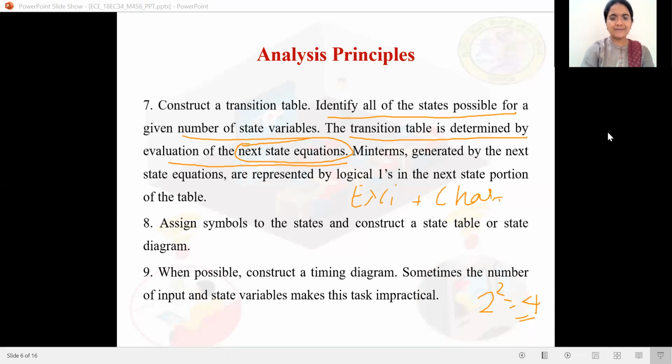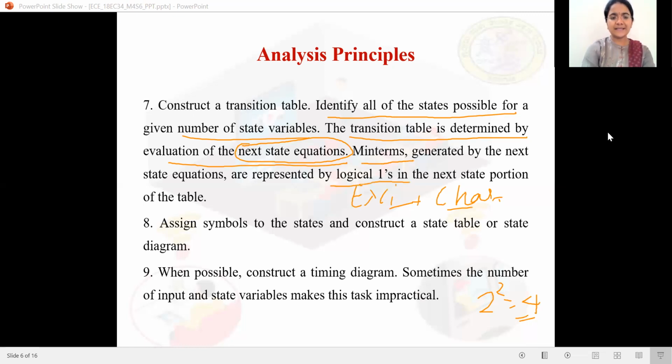By having these, we evaluate the next state equations. Then, by substituting the input variable values and the present state values, we can easily find the values for the next state equations, and we can generate the minterms whose output is logic high.